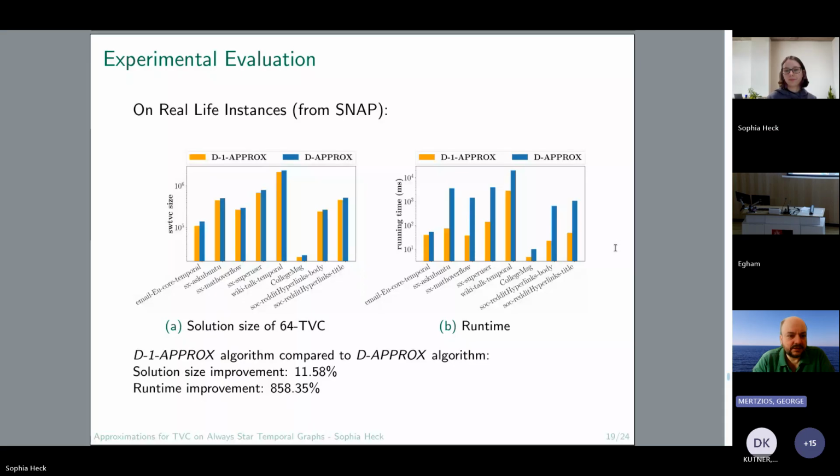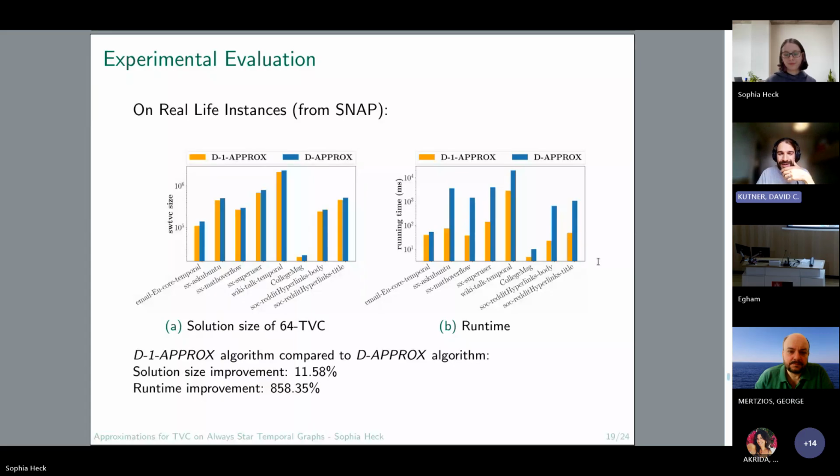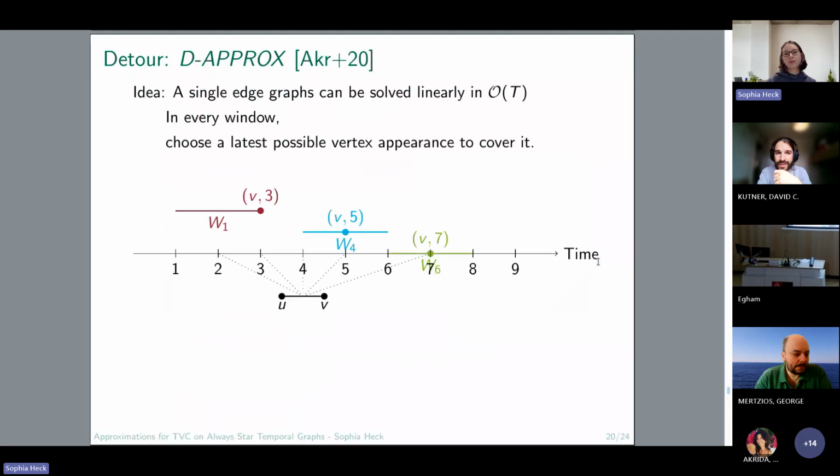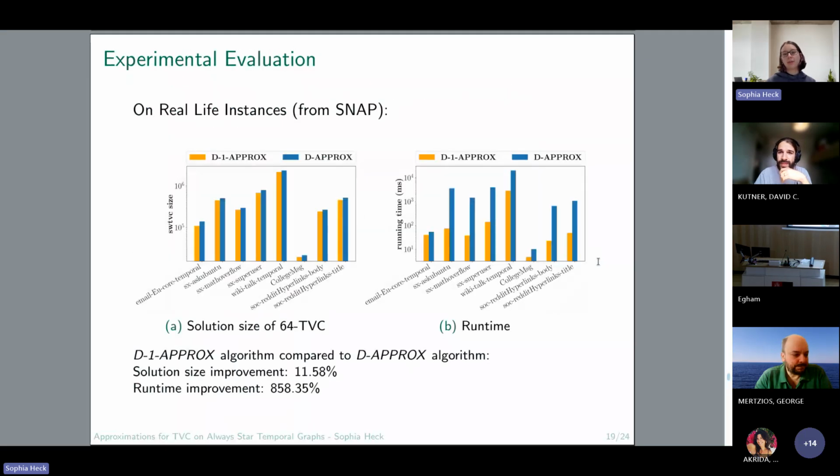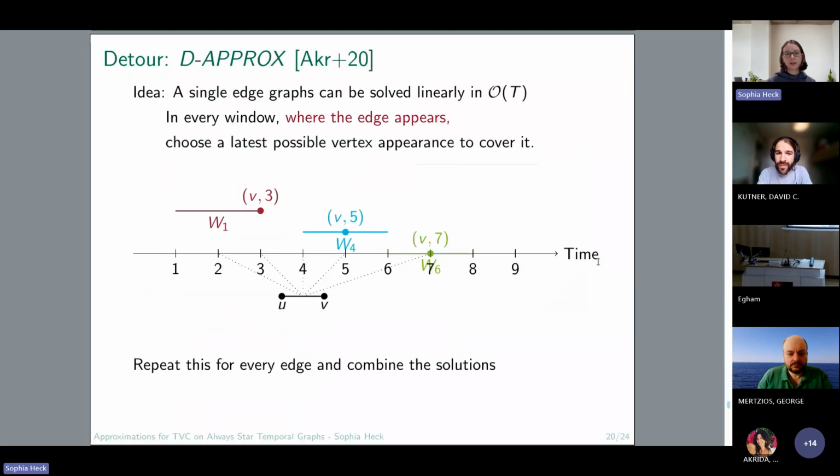I think David is also asking something. Yeah, I was curious about the empirical evaluation and your experience of building the implementation. Were there packages that made this easier, or did you have to build everything from scratch? So usually I build everything from scratch to build a data structure that exactly captures what we need to do, also in terms of cache misses and such.